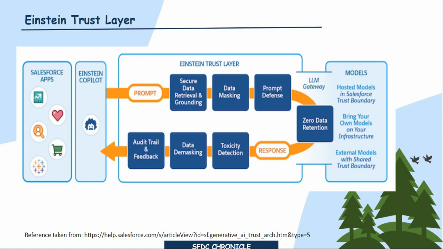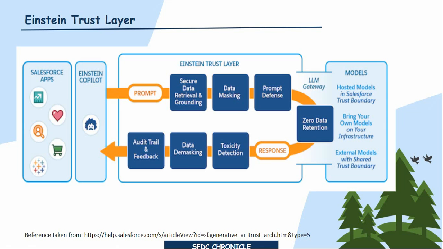Because data is an integral part of our organization and we don't want to share our data with any external or unauthorized party. That's why the security of data is of utmost importance to an organization.